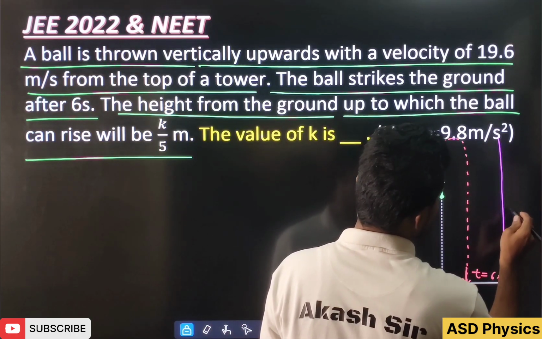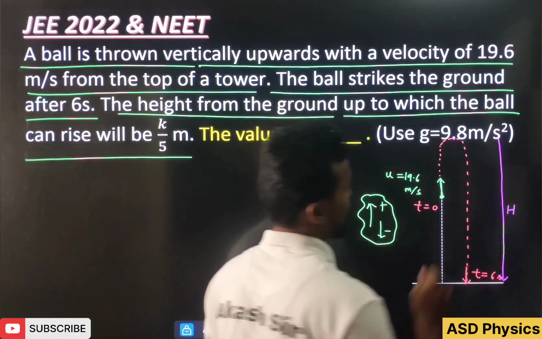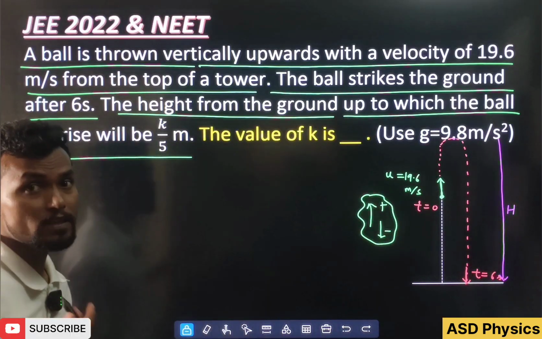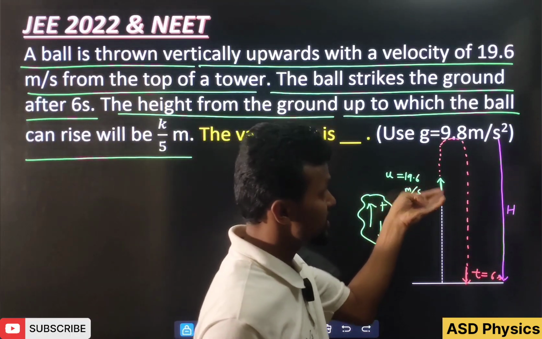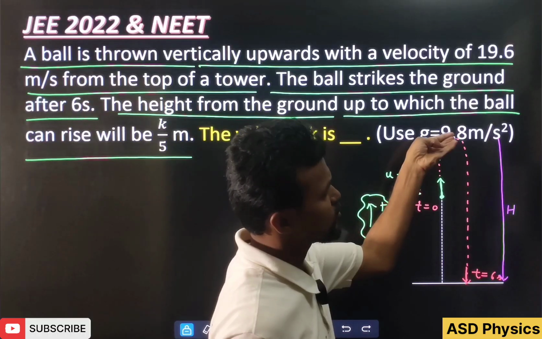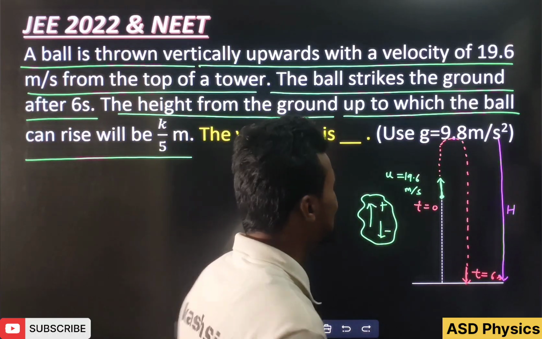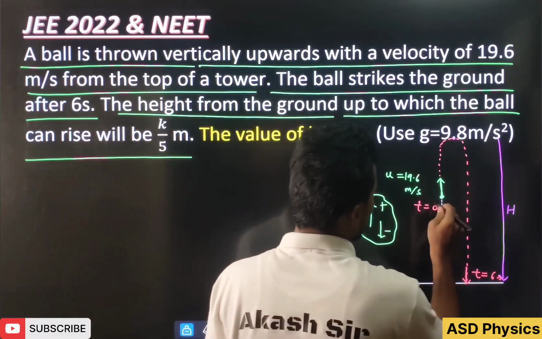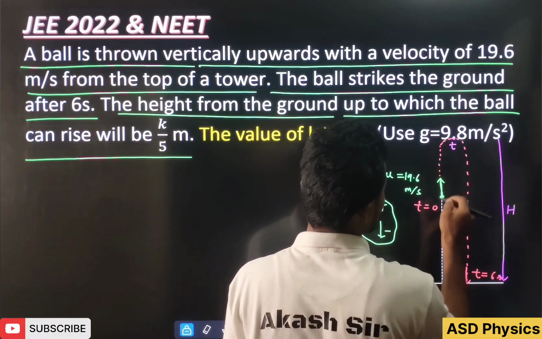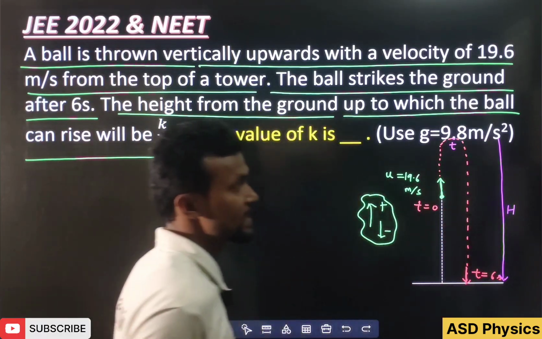Students, what we have to do? We have to find out this height. Let's take here h. So we should know very well how much time the ball has taken to go up. Then the rest of the time it will take to come down also, is it? Let's take from here to here the time taken is t. Here 0, here time taken is t.